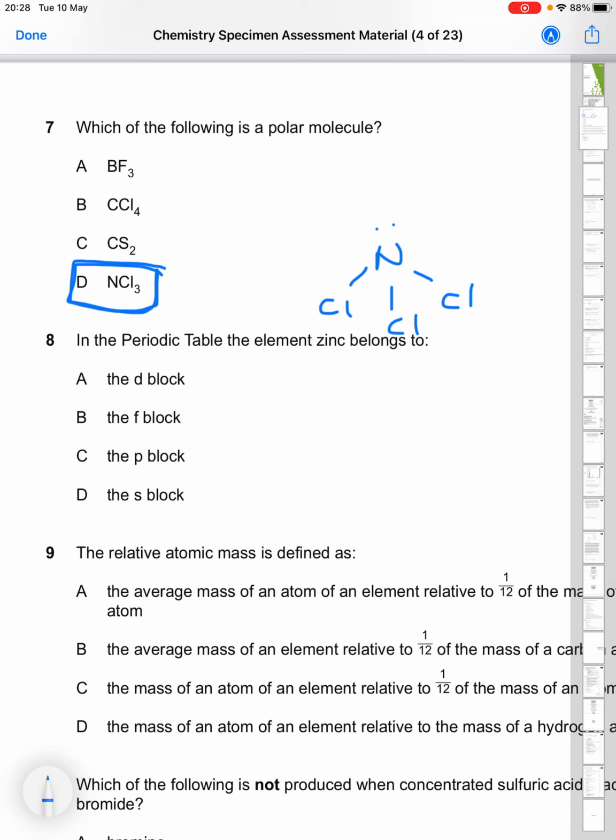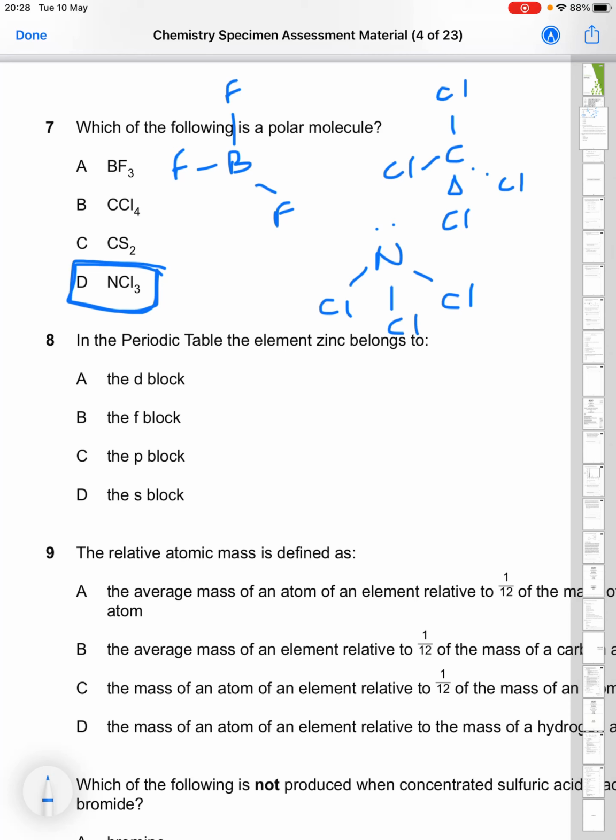Just to check, the BF3, you know that that's trigonal planar, so it's not that. The tetrachloromethane does have dipoles, so does the boron trifluoride, but those dipoles cancel each other out because they're all pointing in opposite directions.